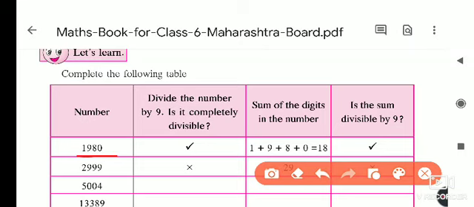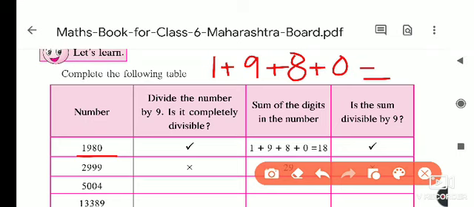We will take this example: 1 plus 9 plus 8 plus 0. 1 plus 9 is 10, and 10 plus 8 is 18. 9 ones are 9 and 9 twos are 18, so this 18 is completely divisible by 9.